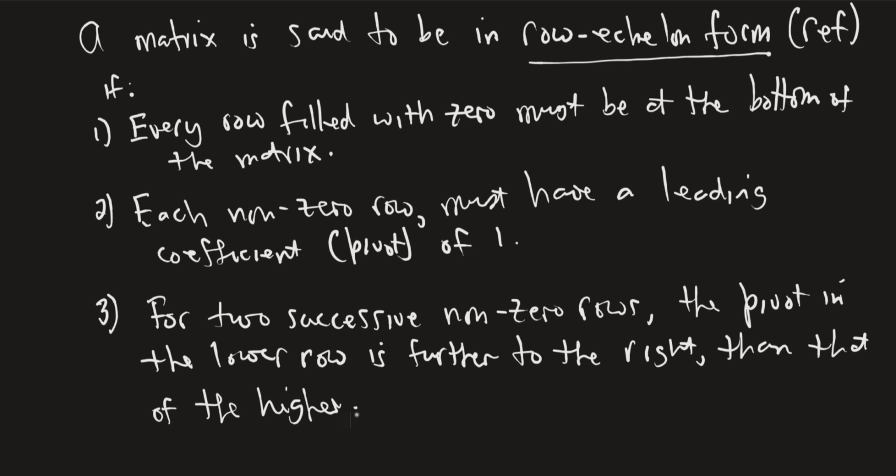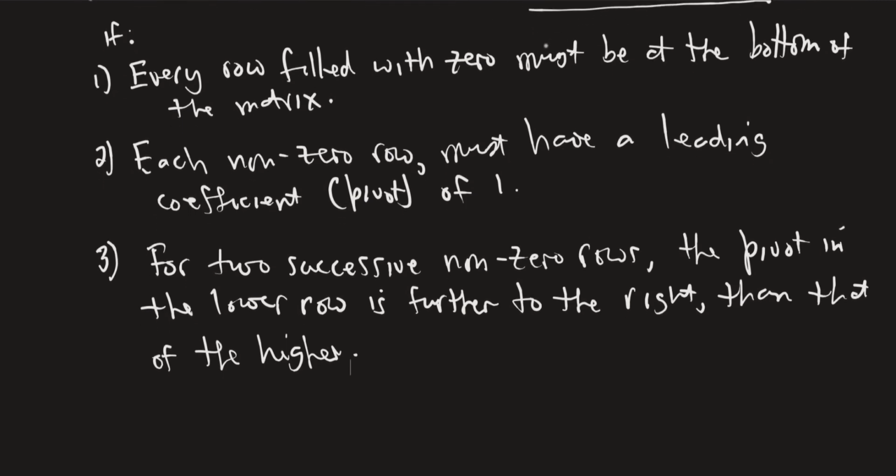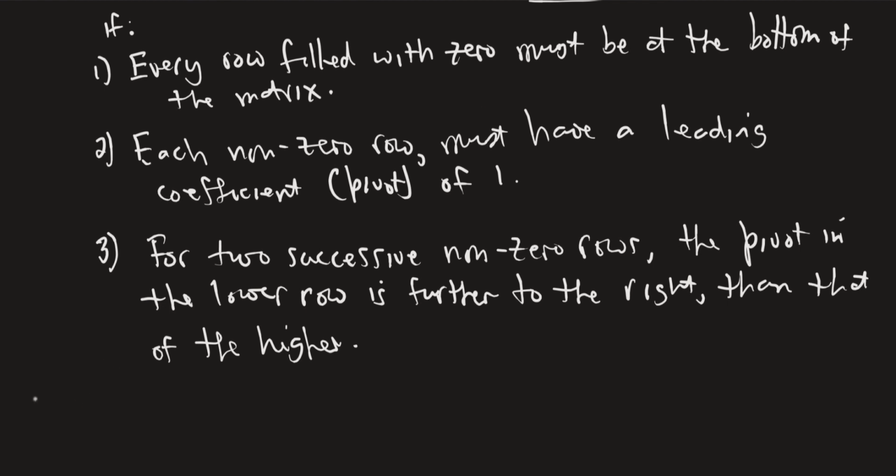If we wanted to eliminate the need for back substitution, we have to add a fourth requirement, and that gives us another echelon form.